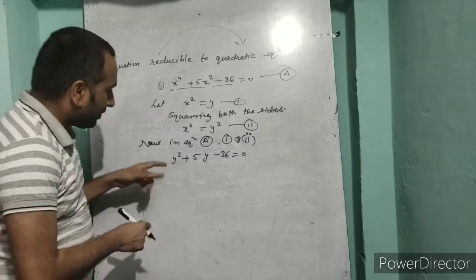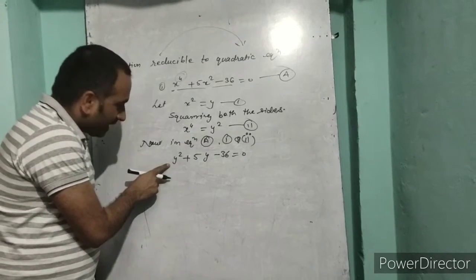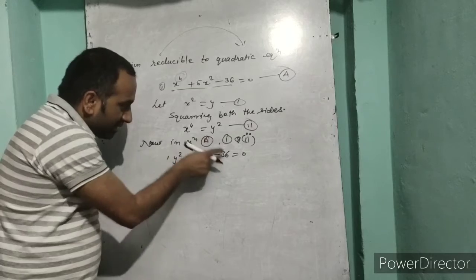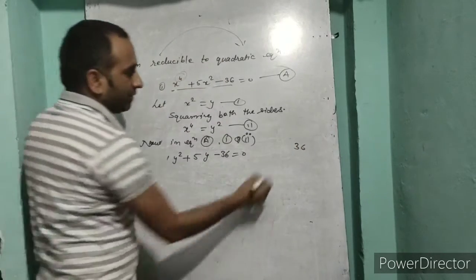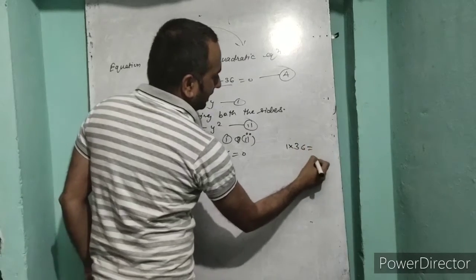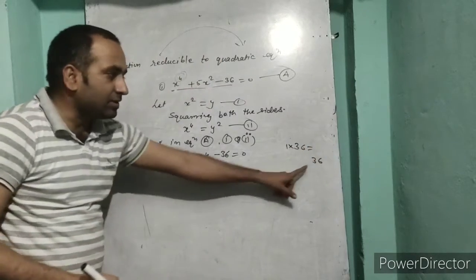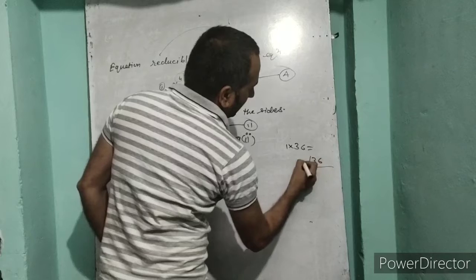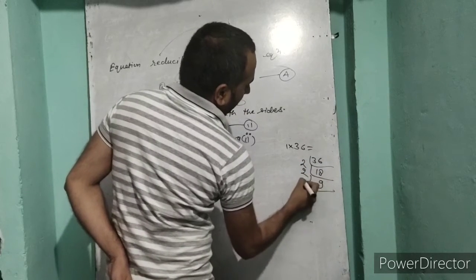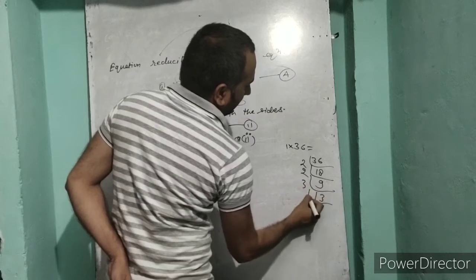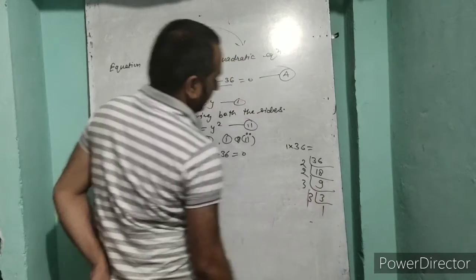So what is the constant here? It's a 1. 1 will be multiplied by 36. It will give you 36. You will multiply 1 by 36. It is 36. And now you have to take the LCM of 36. Take the LCM: 18, 2 9s are 18, 3 3s are 9, and 3 1s are 3.